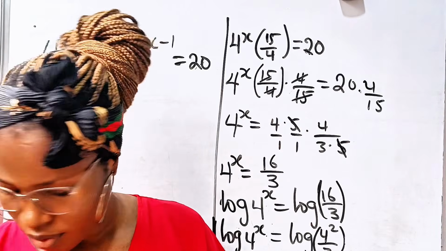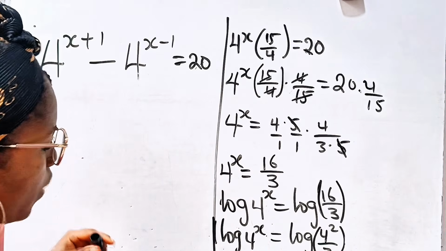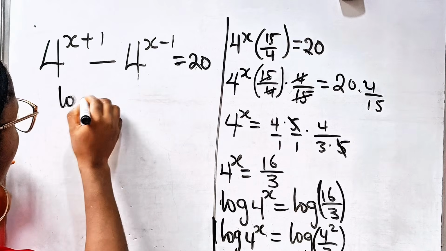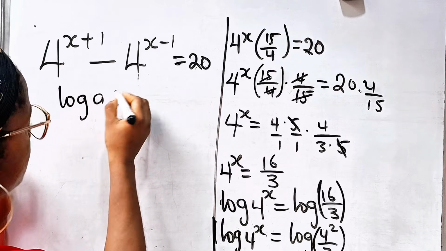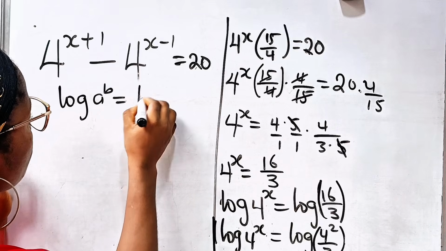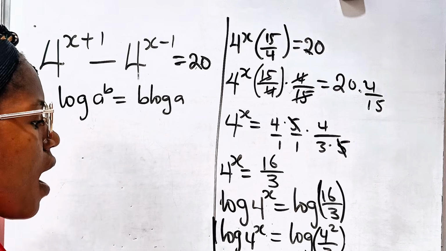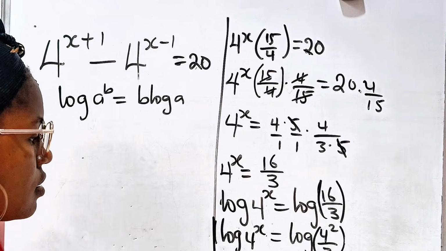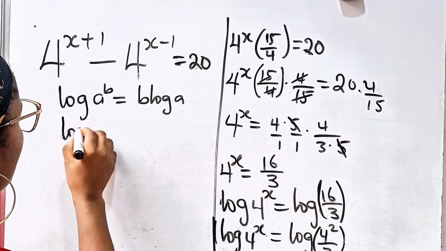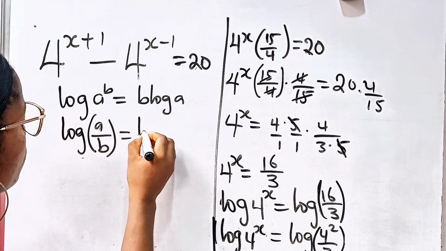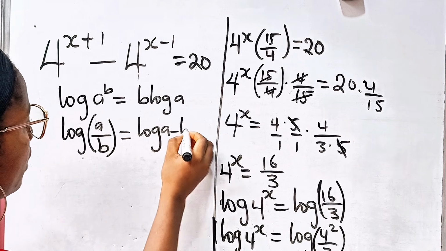Now, we are going to apply laws of logarithm that state that log a raised to the power of b is equal to b multiplied by log a. And another that states that log a divided by b is equal to log a minus log b.